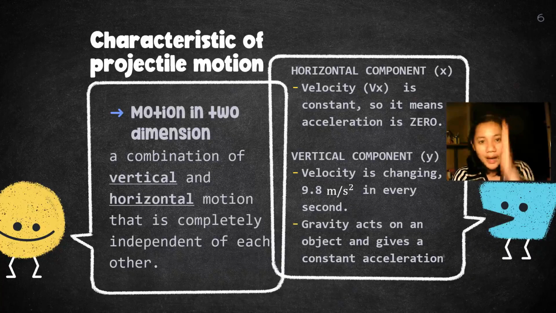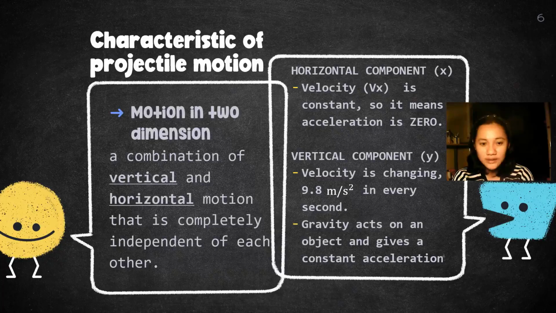So, kapag pababa, okay, nag-i-increase yung kanyang velocity. Pag pataas naman, once you throw an object upward, diba, there's a point wherein ma-reach niya yung maximum height niya, and once na na-reach niya yung maximum height niya, kusa siyang babagsak, diba? So, yun po yung tinatawag natin na vertical component of the projectile motion.